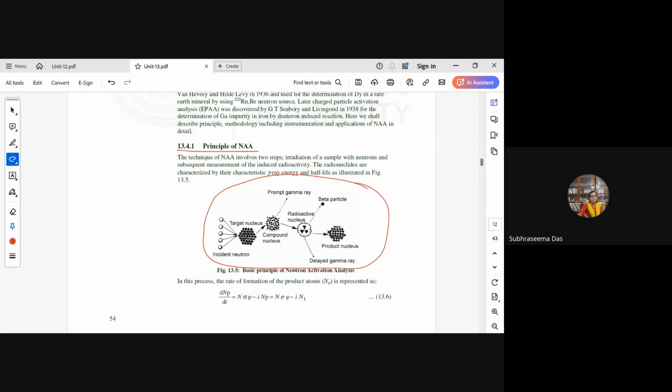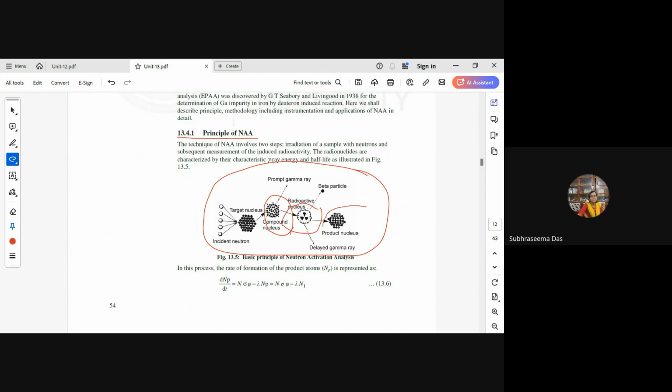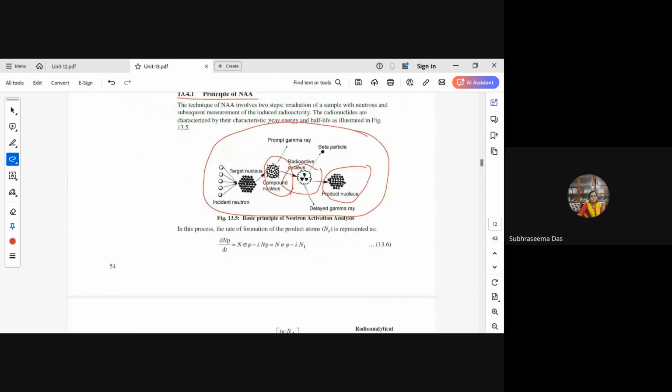Here you can see this is the target nucleus. They are bombarded with the neutrons. Then this is the compound nucleus. Finally, the product nucleus is formed. Here the charged particles, the gamma ray, the beta particles and other particles are emitted, and then they are characterized, and finally you can see the product nucleus is formed.